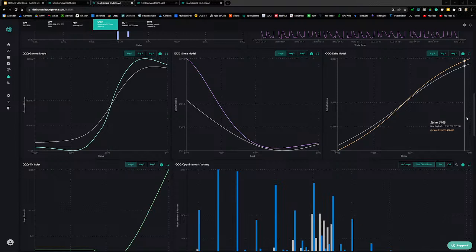All right, so that gives us a sense, again, of how market makers were positioned at the beginning of the day, how they may react to changes in price and implied volatility. So my thesis for the day was basically looking for high volatility and wider trading range.